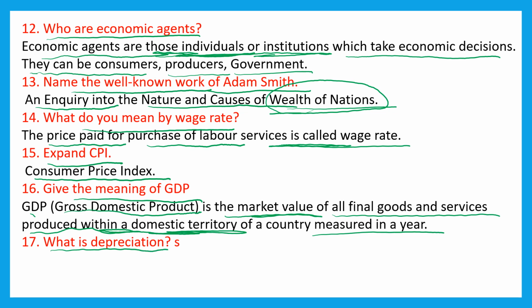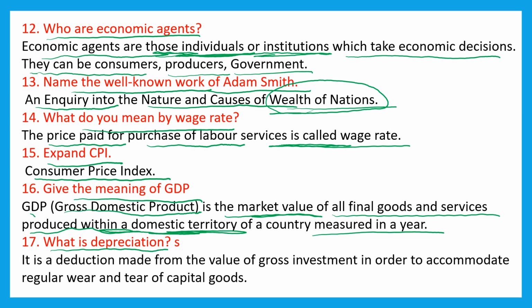What is depreciation? It is a deduction made from the value of gross investment in order to accommodate regular wear and tear of capital goods. What do you mean by barter system?